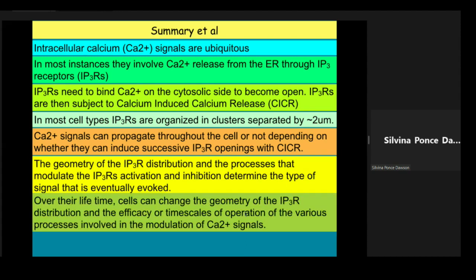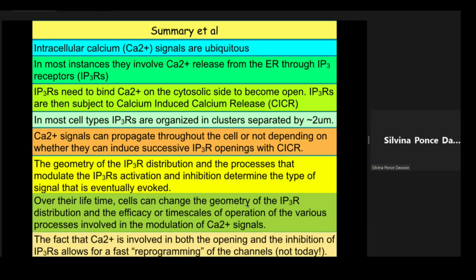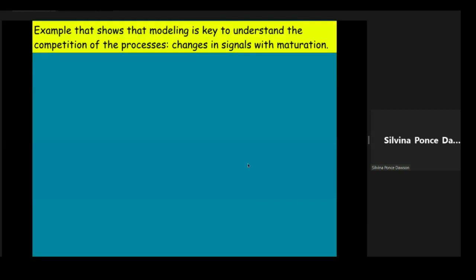And that distribution changes with maturation, at least in the case of the cell that goes from the oocyte to the egg. And so our approach was assuming that this interspatial distance, the distance that separates two contiguous clusters, was the key ingredient.